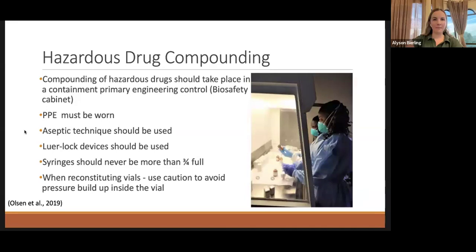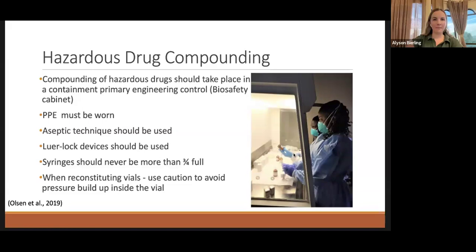Here are some measures that can be taken when mixing chemotherapy drugs to prevent exposure. Again, we've talked about the mixing hood or the biosafety cabinet. You can see in this photo that the nurses mixing chemotherapy are wearing gowns. You can't tell, but I believe they're wearing 2 gloves, or they should be.